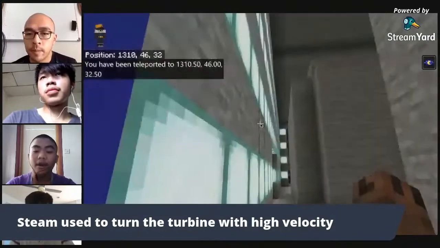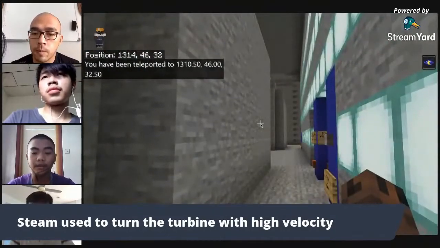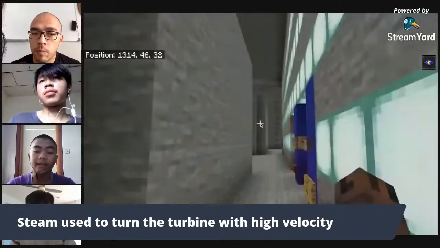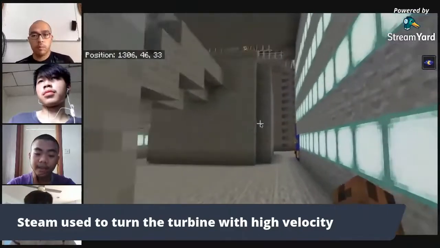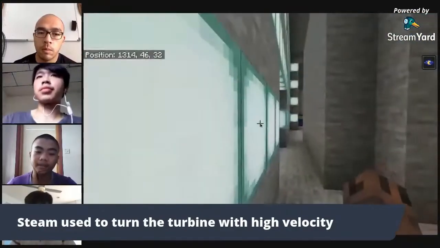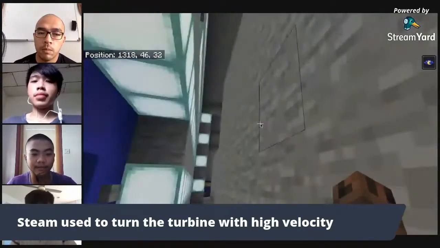Now remember, all of this process is important for the next component to work. In this case, we have a turbine getting its kinetic energy from the steam and thus turning. So now I pass this time back to Jeremy. Thank you.